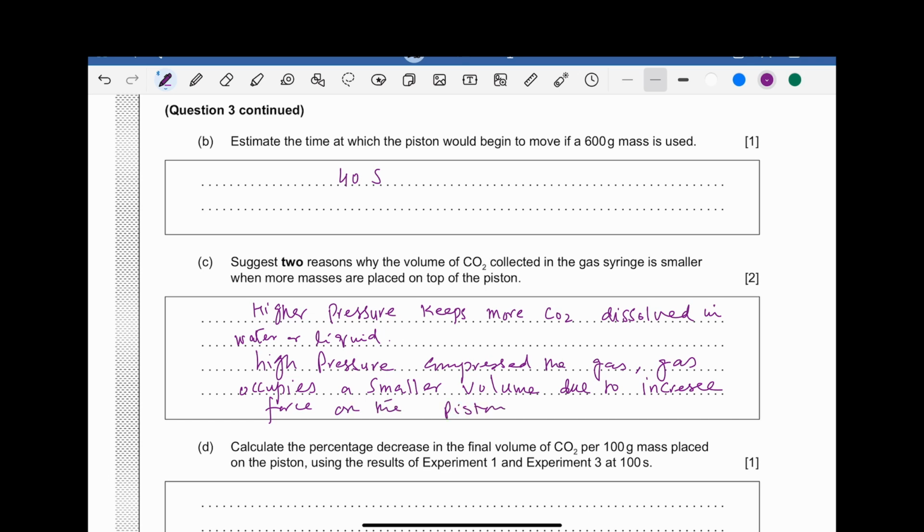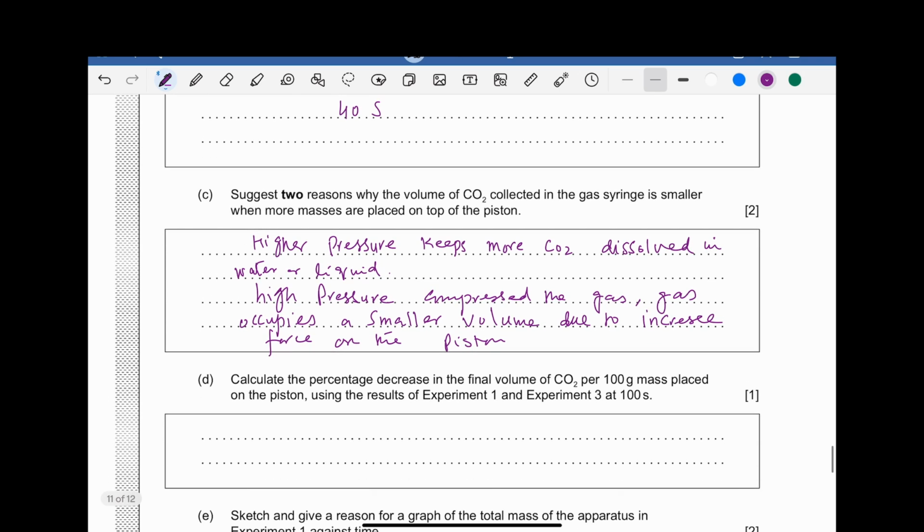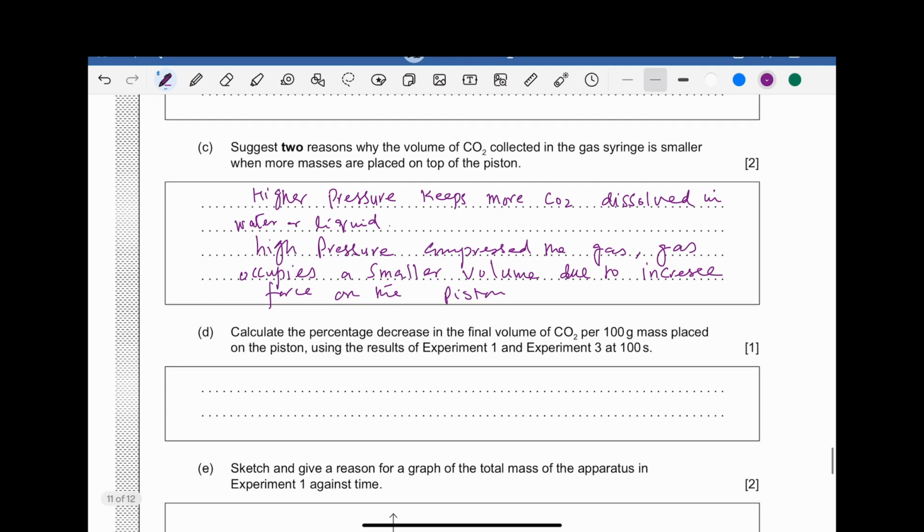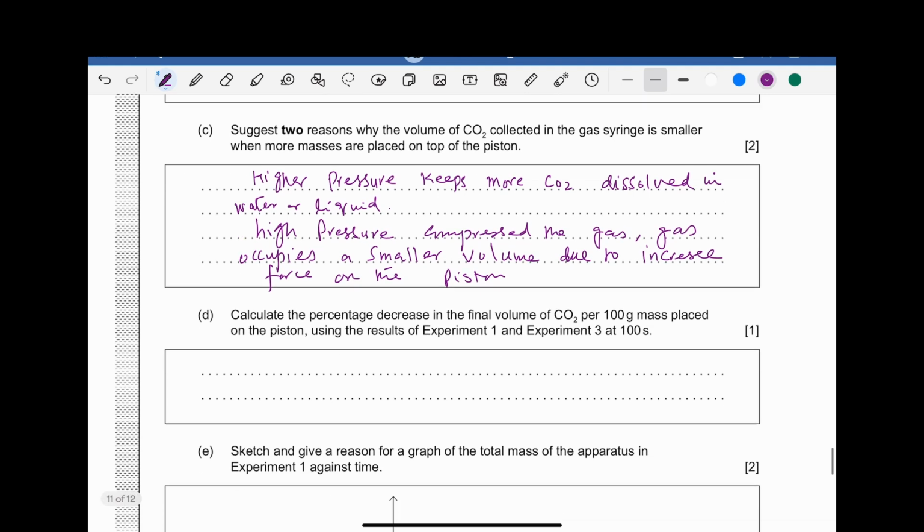So 2 reasons why CO2 collected in the gas syringe is smaller. The first one, high pressure keeps more carbon dioxide dissolved in water. Solubility of gases normally increases with increasing pressure, so there will be less release. High pressure compresses the gas, so gas occupies a smaller volume.